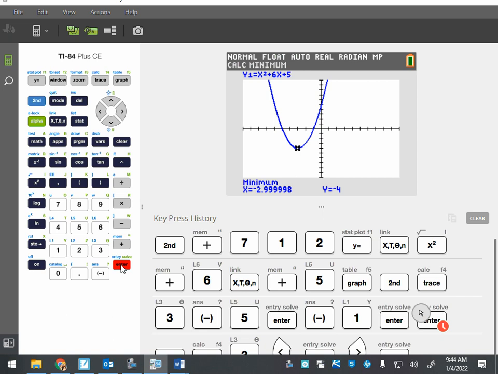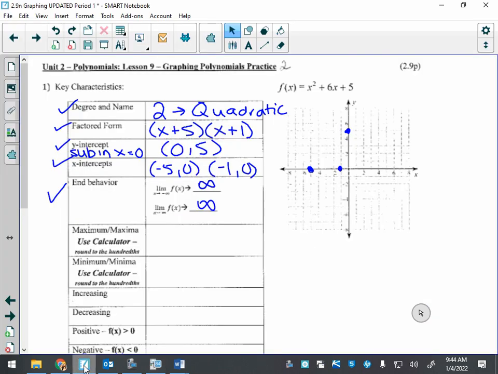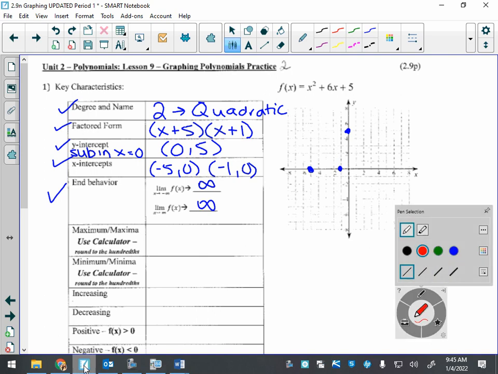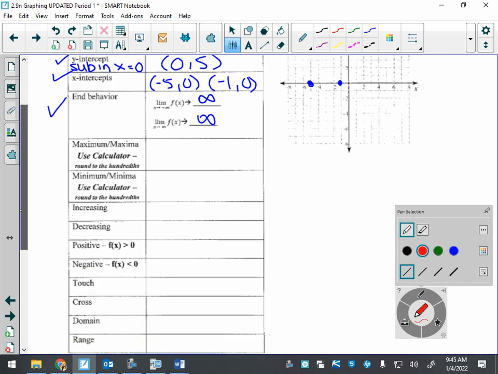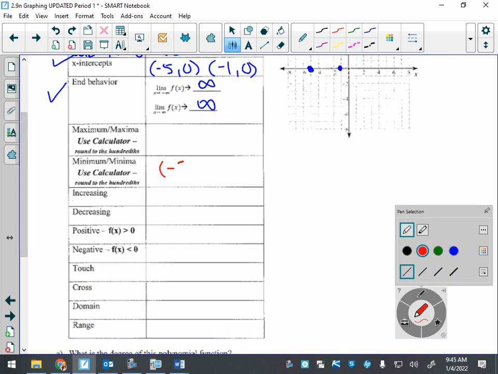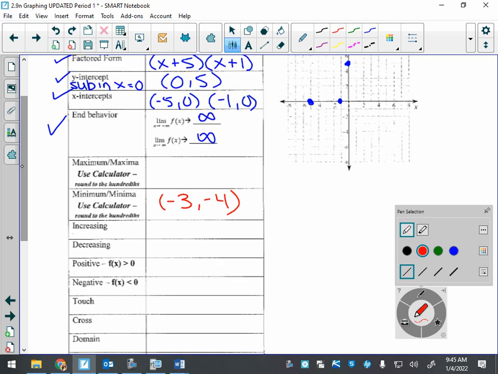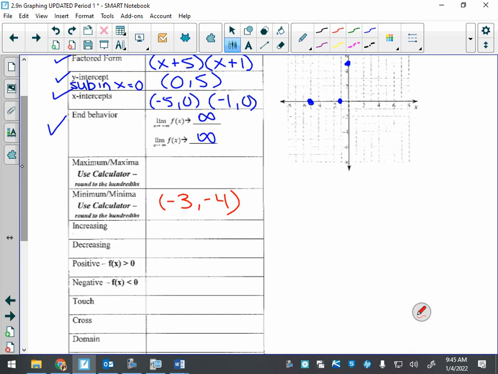So your minimum, where is it? Your minimum is -3, -4. And I'm putting the point for a reason, okay? -3, -4. It's roughly here.